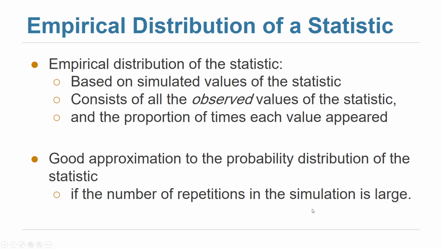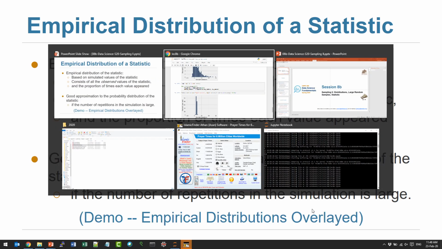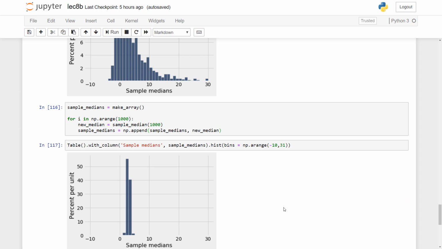As you saw, when the sample size was 10, we got a distribution that is very far from the actual one. And when we increased the sample size, we got a much better distribution that is much closer to the original one. And here is a quick demo that has a nice visualization.